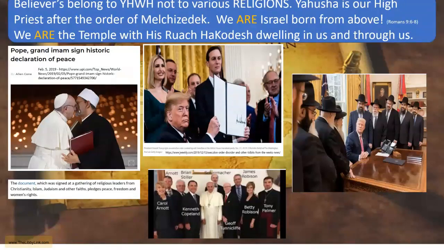So here are just some of the examples that I just reviewed with everyone. Like in February 2019, the Pope with the Grand Imam signed a historic declaration of peace. And also just a snippet out of that article, it said the document, which was signed at a gathering of religious leaders from Christianity, Islam, Judaism, and other faiths, pledged peace, freedom, and women's rights.